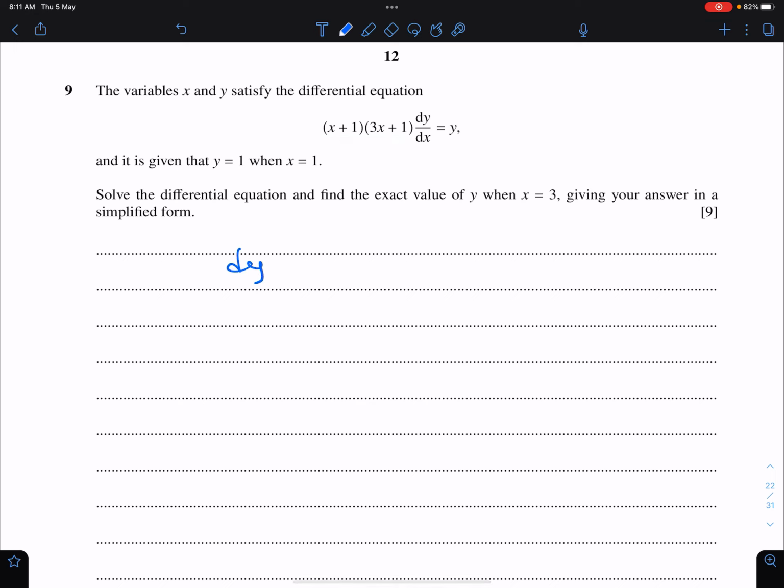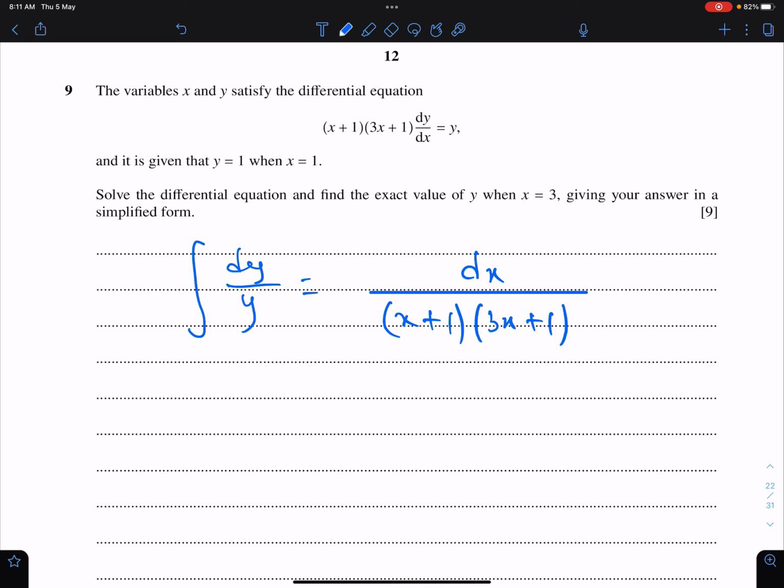So we have dy upon y equals dx upon (x plus 1)(3x plus 1). And then we have to take sign of integrals on both sides.